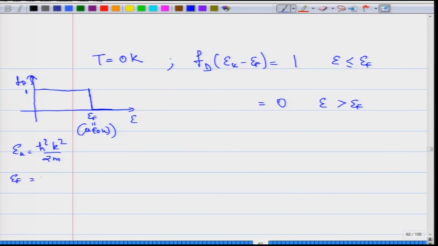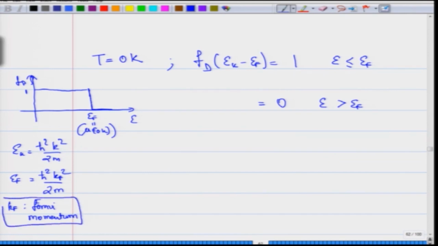So, the Fermi energy is also ħ²kF²/2m, where kF is called the Fermi momentum, which is really the maximum momentum possible inside the system.